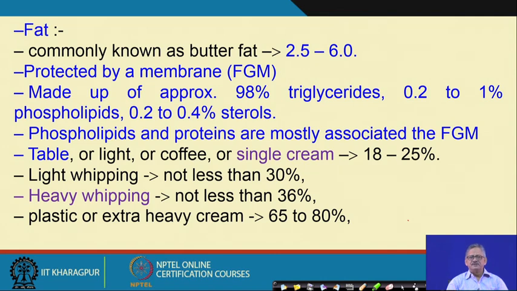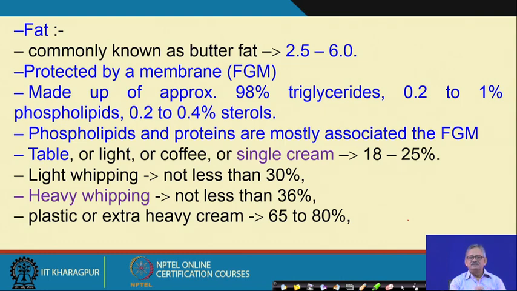These phospholipids and proteins are mostly associated with the FGM, the fat globule membrane, right. The fat globule membrane contains a lot of protein and some phospholipids.